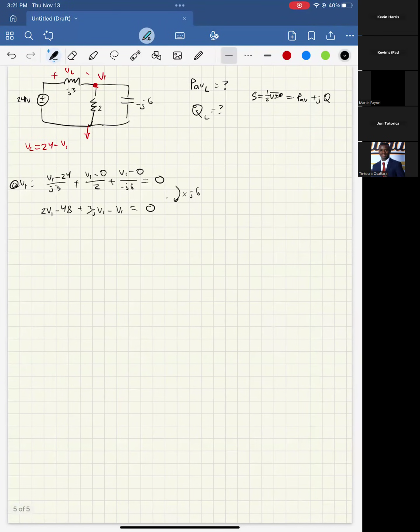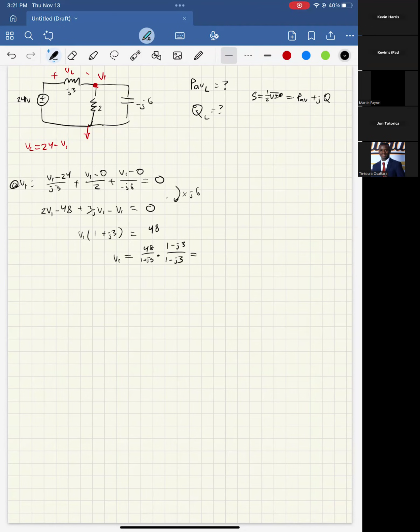Then if we combine our like terms, we get 48 and V1 times 1 plus j3. And then V1 equals 48 over 1 plus j3. Multiply it by the conjugate to get rid of the thing in the denominator.